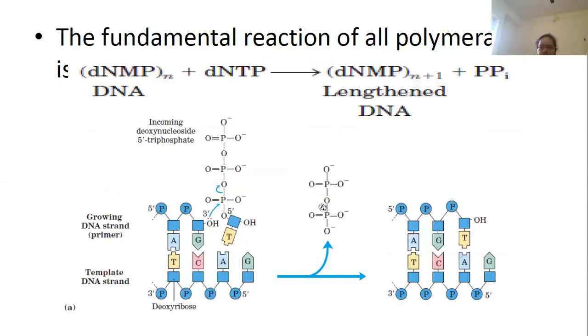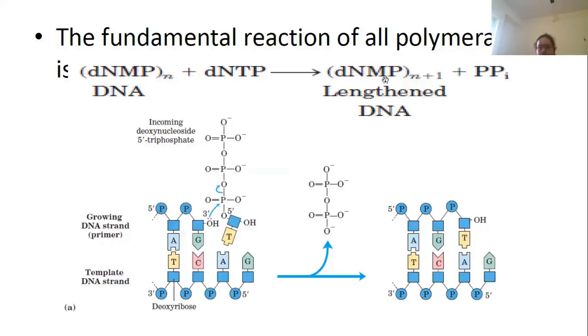And they will serve one more function, that of energy provider. This deoxyribonucleoside triphosphate serves a dual function: one is of substrate and the other is of energy provider. The 2 terminal phosphates in the deoxynucleoside triphosphate are high energy phosphates, and they will give the energy in the polymerization process.